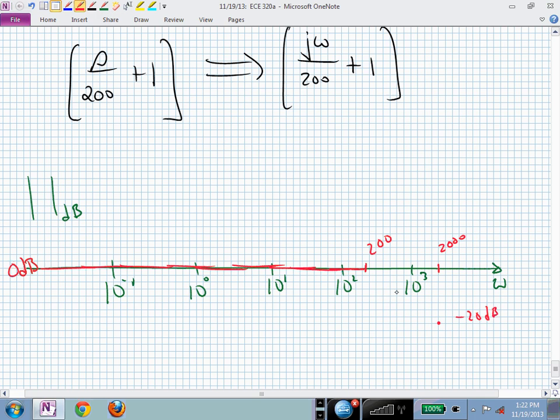Then I just get my ruler out, sketch that, and connect the dots. And you thought you were beyond connecting dots. This slope then is minus 20 dB per decade.